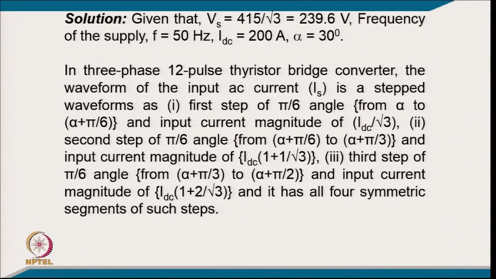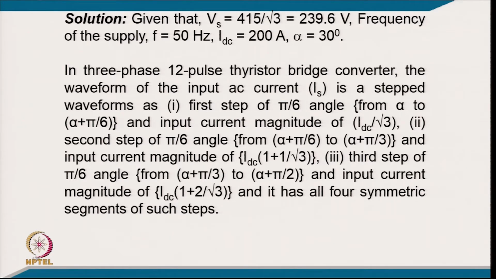So, coming to the solution, given that Vs equal to 415 by root 3, 239.6 volt, and frequency of 50 hertz, and ID, your DC side current, is 200 ampere and firing angle 30 degree. So, in a 3-phase 12-pulse thyristor bridge converter, the waveform of the input AC current is a step waveform.